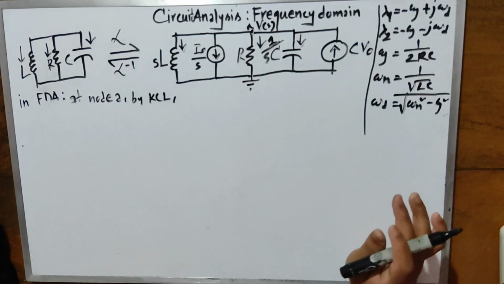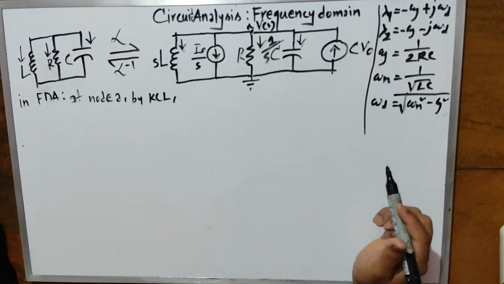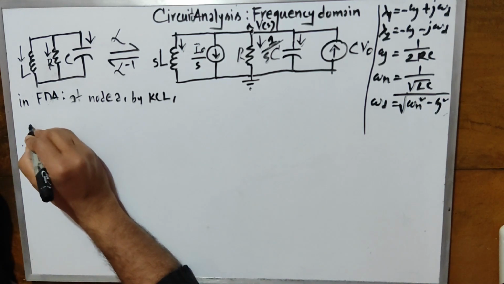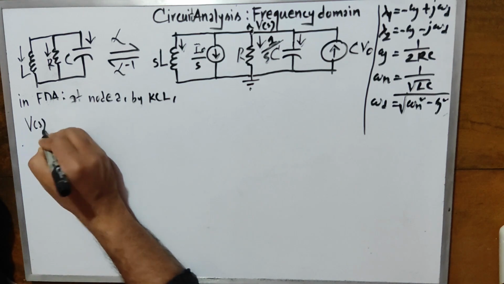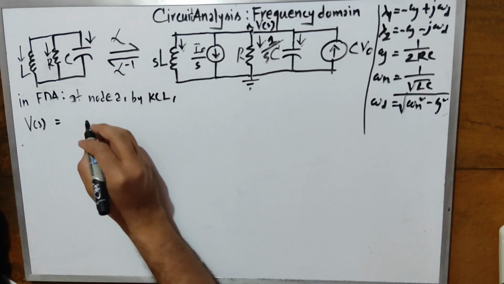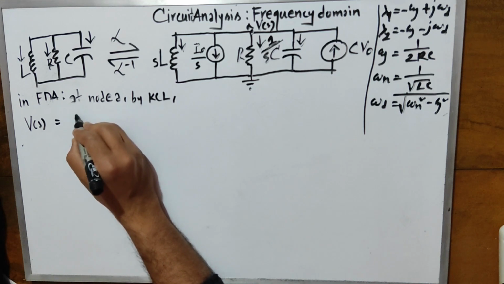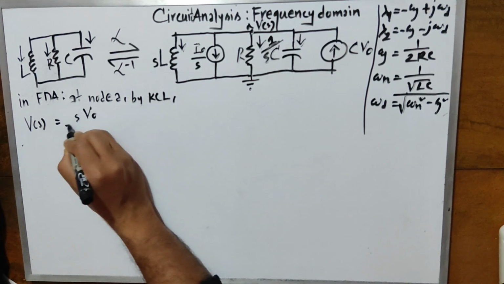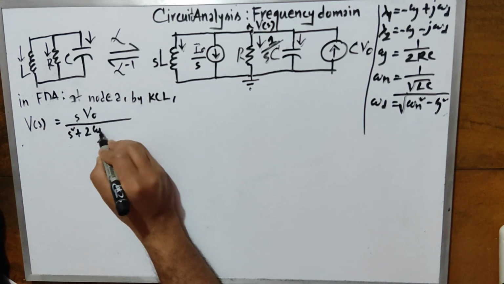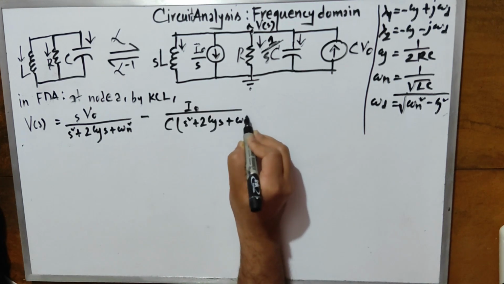So I have written all my assumed and all my calculated terms here, and now here V is node voltage in frequency domain, the complex S domain or Laplace domain, so here s V O by s square plus 2 psi s plus omega n squared.